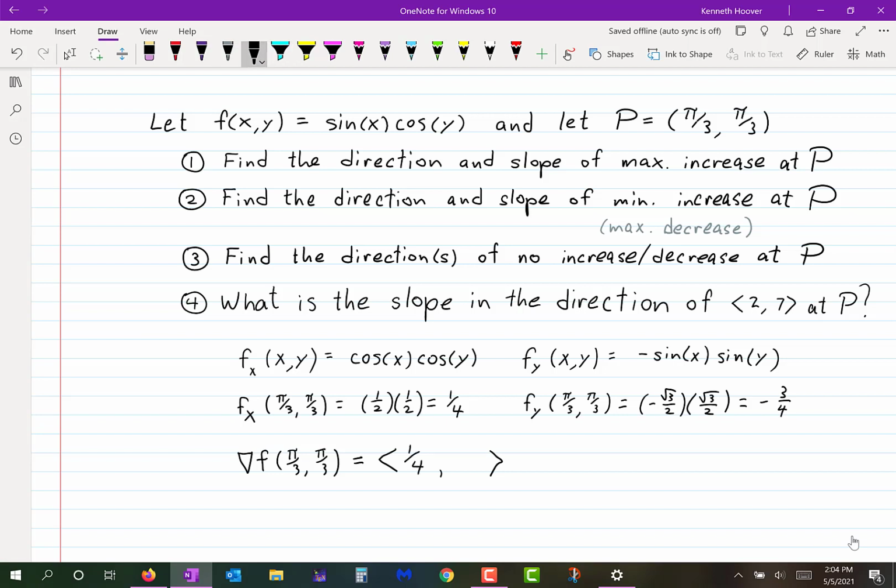So there's the gradient of f at that location. Okay, so I can already answer part of question 1. Find the direction of maximum increase. The direction of maximum increase is whichever direction the gradient is pointing. So that is essentially our answer.